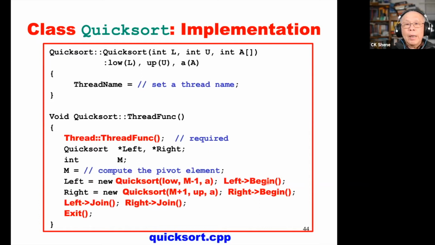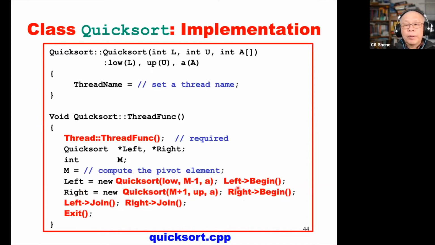Right after running this thread, of course it will take some time to complete. Then we create the second thread, giving it the right section from M+1 to the upper bound. This creation, this new, would return a pointer to the newly created thread, and then runs it again.